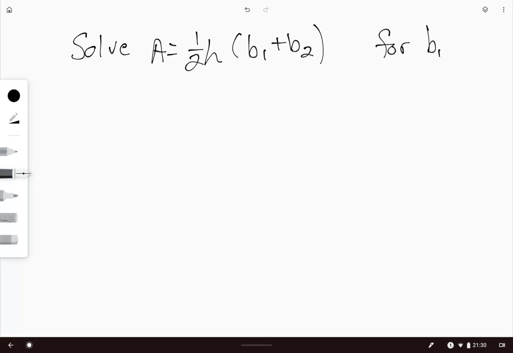Because if you were doing PEMDAS, you would do parentheses, and then the multiplication and division from left to right. So if we're going to do the opposite or the inverse, we would start from left to right with our division, since that is the opposite of multiplication, and then we will end up doing subtraction at the end. All right, so let's start with the 1/2.